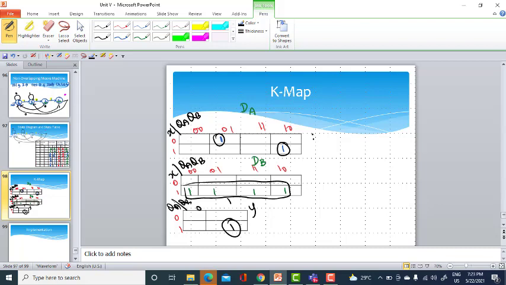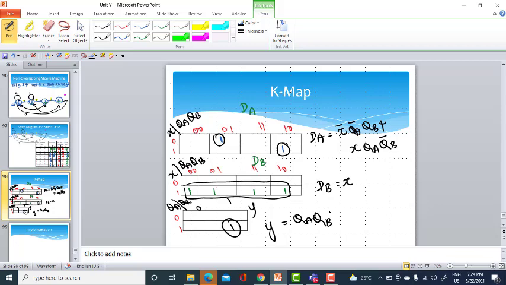So DA will be equal to X bar QA bar QB plus X into QA into QB bar, and DB is equal to X, and Y is equal to QA into QB.